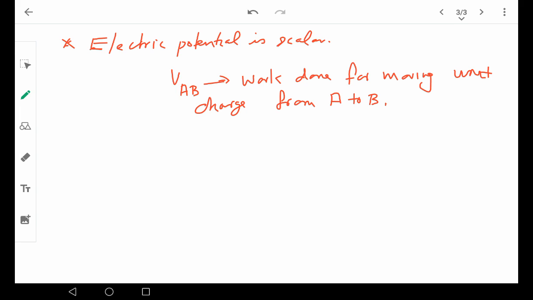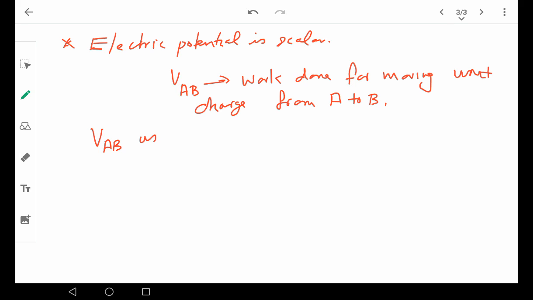But you can see, if you have to do some work for moving from A to B, then VAB is negative.